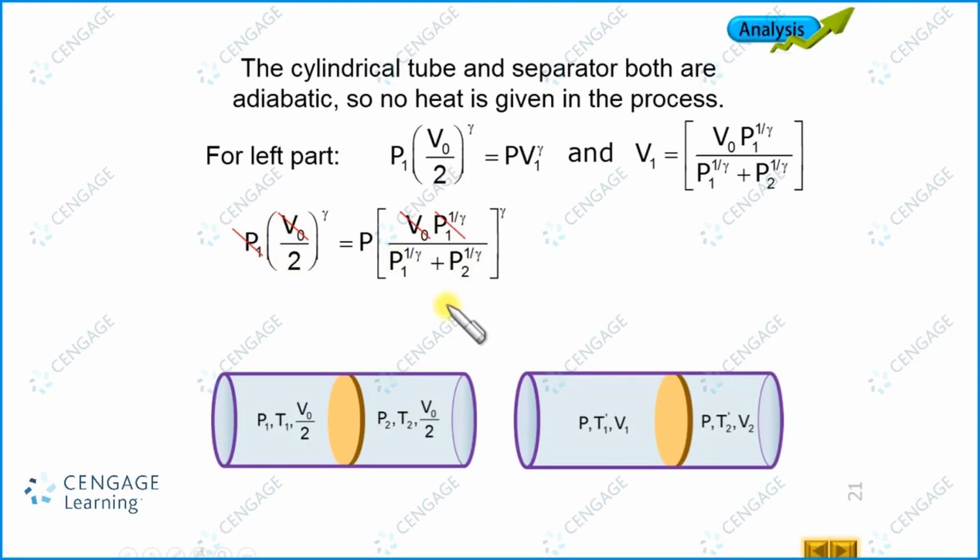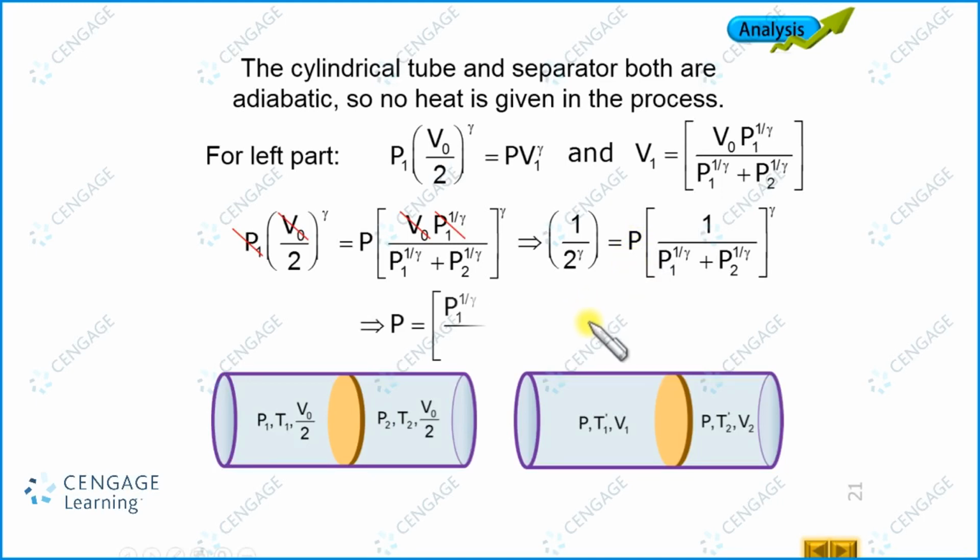Now we can write this equation as 1 divided by 2 to the power gamma equal to P multiplied by 1 divided by (P1 to the power 1 by gamma plus P2 to the power 1 by gamma). Now we can find the value of P. P is the final pressure, that is the common pressure. P equals (P1 to the power 1 by gamma plus P2 to the power 1 by gamma) overall divided by 2 and overall to the power gamma. This is the final pressure.